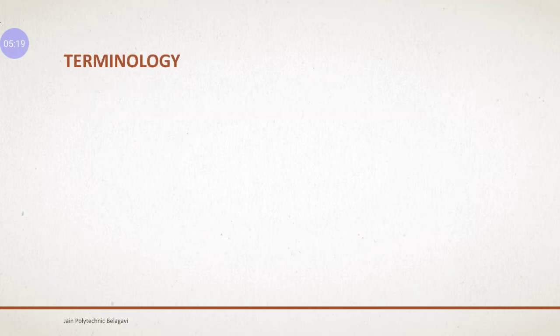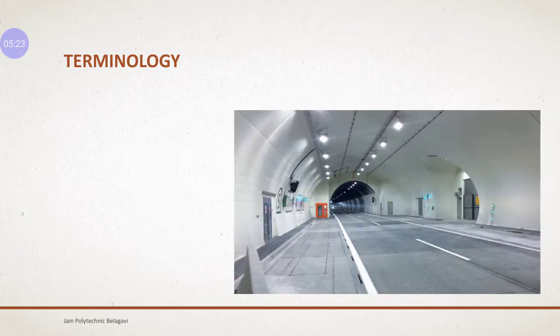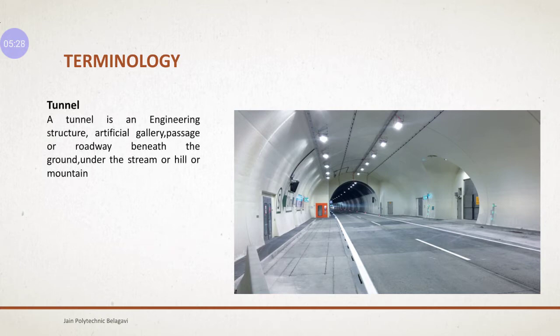First one is terminologies. First one is a tunnel. This is how your tunnel looks from the inside. This is actually a fully developed tunnel. Not all tunnels will be the same. It is fully ventilated and lighted.